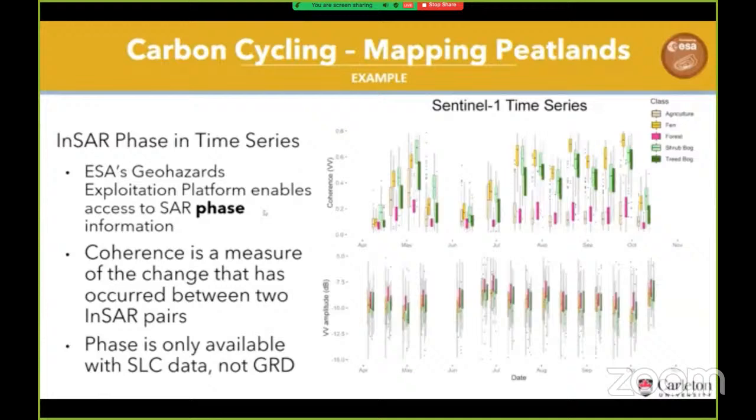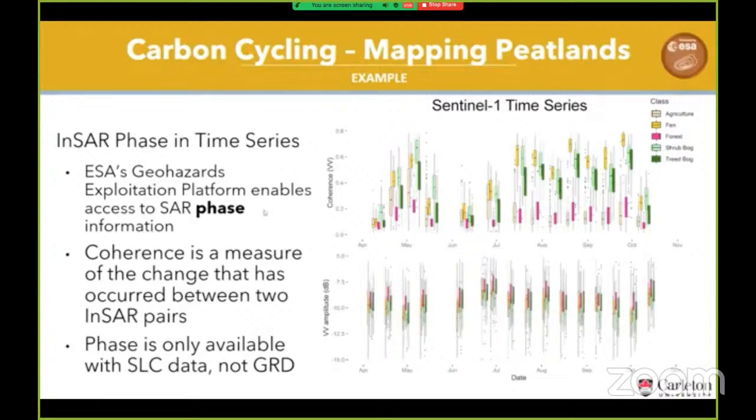And so if you've had vegetation growing between the two images, let's say you have an image on May 1st and May 12th, and vegetation has grown significantly in that time, then you'll have really low coherence. But if you're looking at an area where very little change occurred, like in a parking lot or in a peatland where there's very little vascular vegetation, you will have a high coherence and really similar results.